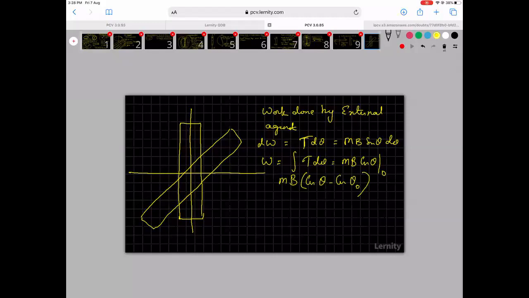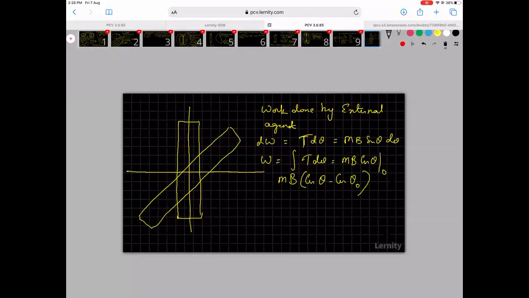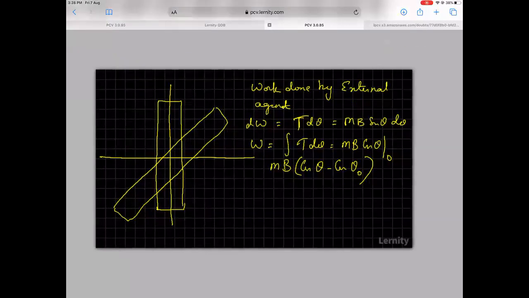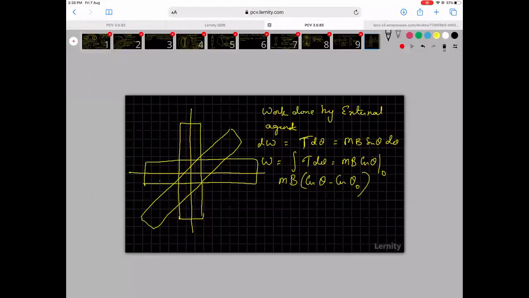Generally they take the initial position as theta equal to 90, and cos 90 is 0. So we say the work done is equal to MB cos theta.